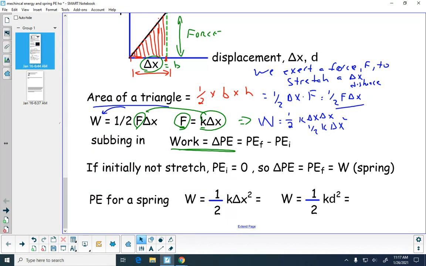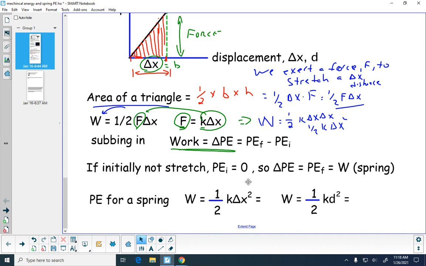So potential energy for a spring is equal to its work, which is 1/2 K delta x squared, or 1/2 K D squared. And this D is how far did you stretch?